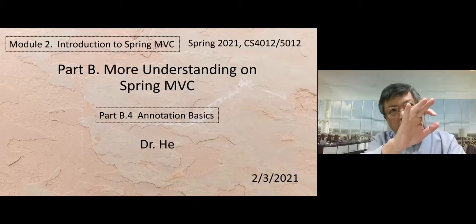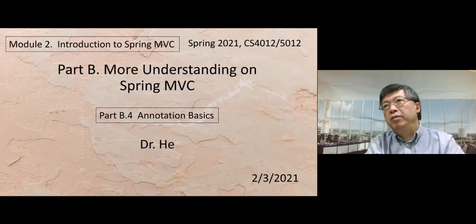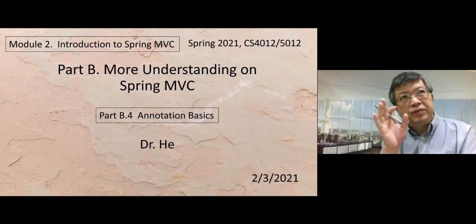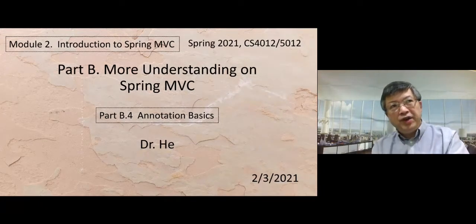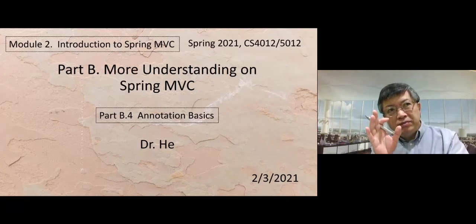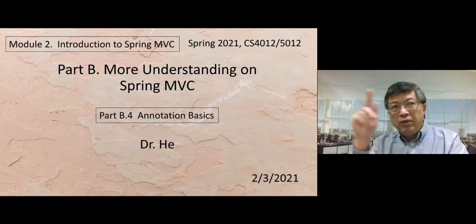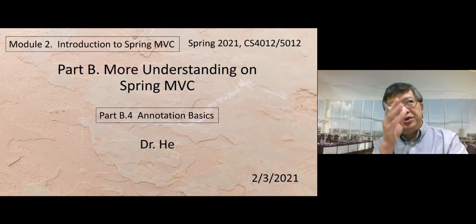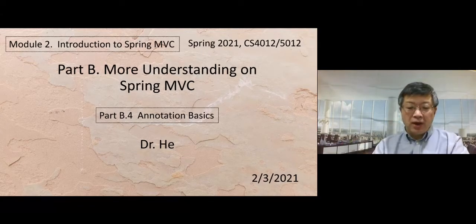We need to get some background knowledge before we can use the annotations. So let's do the first video for the annotation topic in this part, and in part C I will do another video. Then we're pretty much ready to use annotations. All right, so let's start.